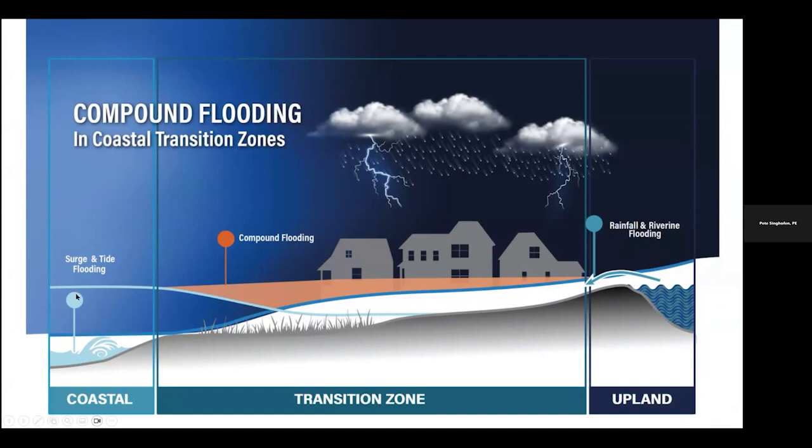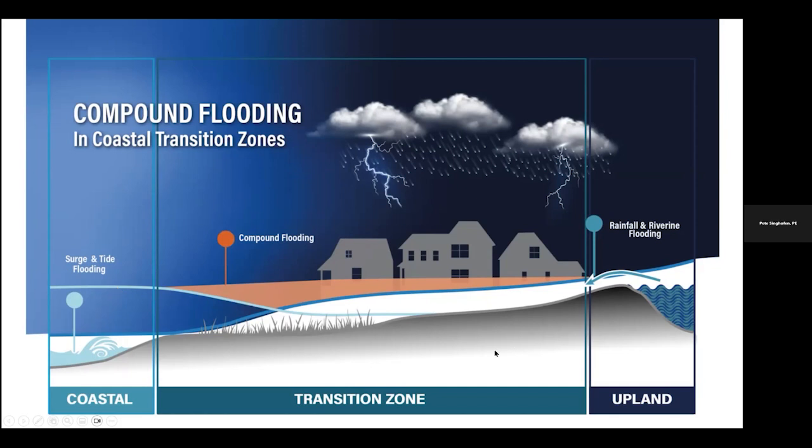If there wasn't any surge at the coast and we had just normal tides, the flood profile would drop down toward the coast. But if we had storm surge and high tides like king tides on the coastal part, that could push inland. And if the inland flooding wasn't a problem, that might be limited to here.